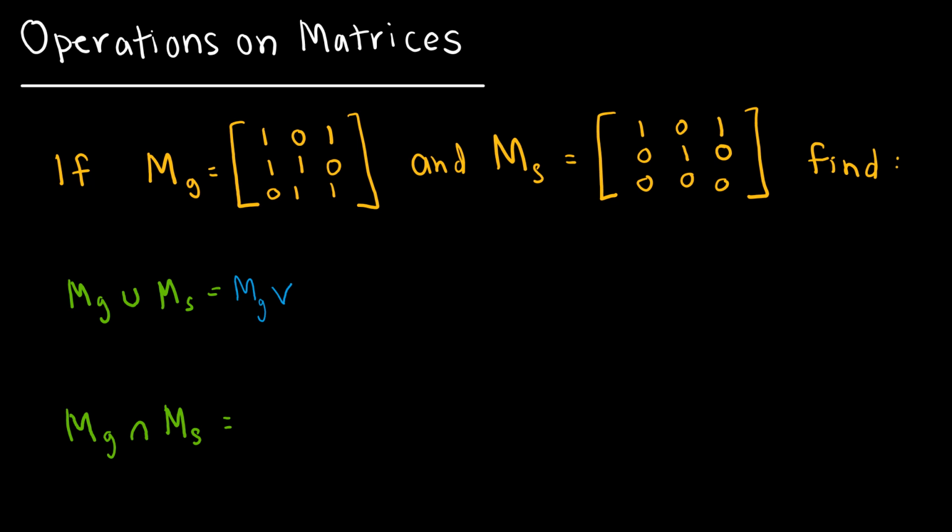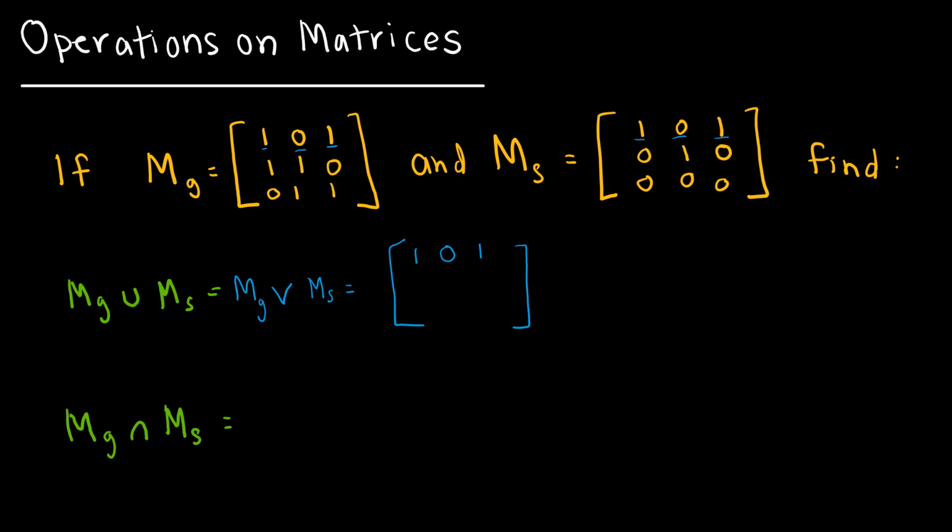This is the join, which means if either one of the values is a 1, then I get a 1. I'm comparing 1 to 1, and I get a 1. I'm comparing 0 to 0, and neither one is a 1, so I get a 0. And then I'm comparing 1 and 1, and at least one is a 1, so I get a 1.